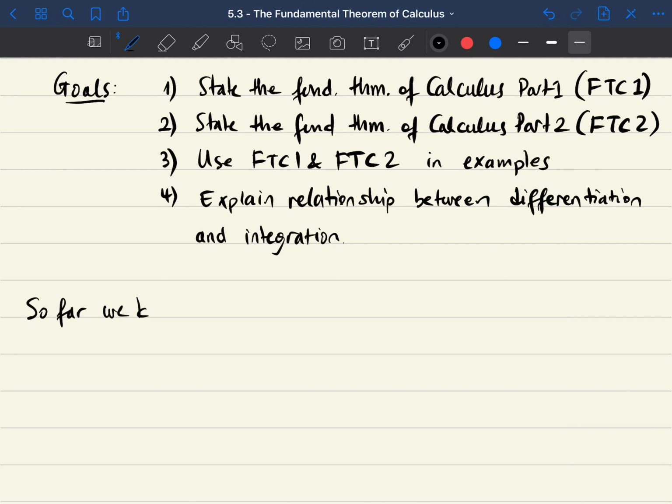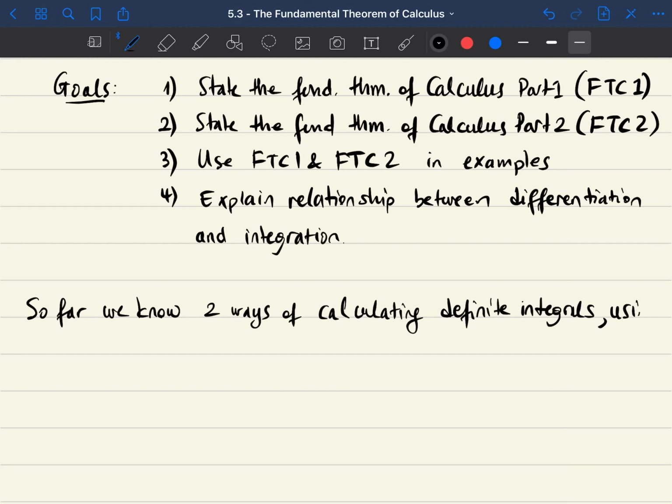we know two ways of calculating definite integrals. So basically, one, using geometry, and two, using Riemann sums. So limits of Riemann sums.